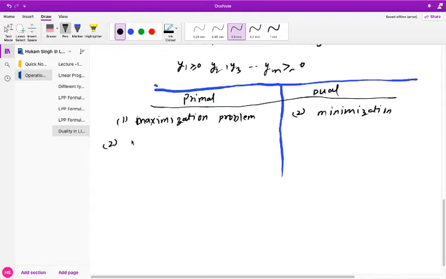Second, if the primal contains n number of variables and m number of constraints, then the dual will have m number of variables and n number of constraints.